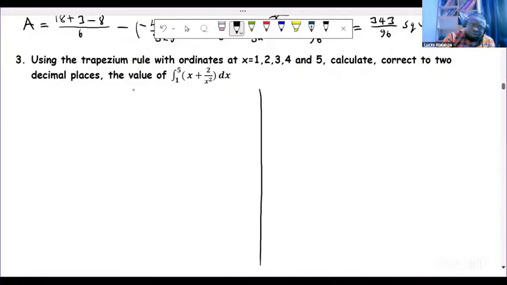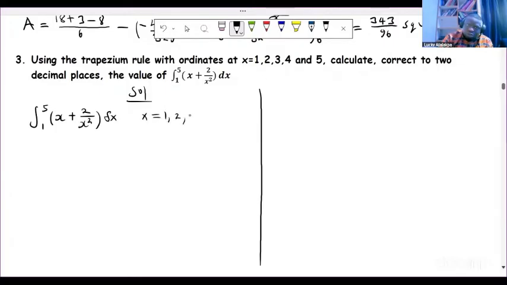So write out the question: the integral of x plus 2 over x squared dx. Now our ordinates are 1, 2, 3, 4, and 5. So I'm going to form a table for this. So the table will look like this.